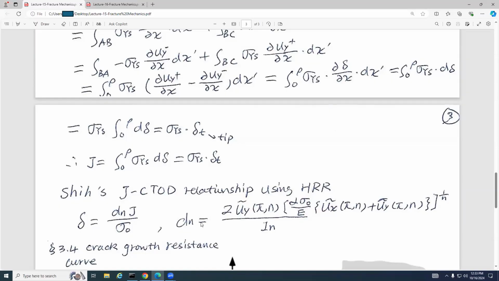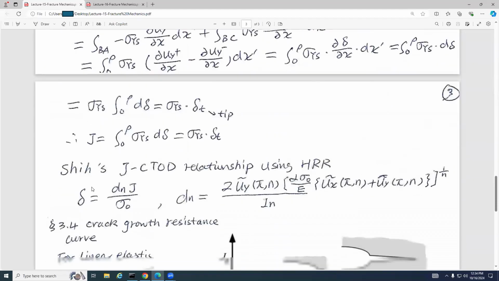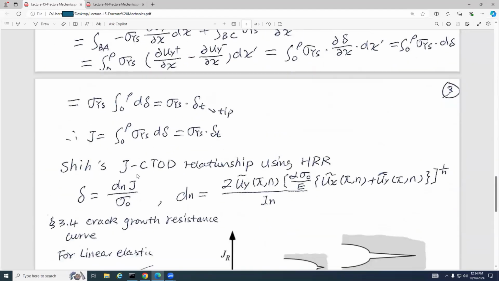So this is the J-CTOD relationship. J is related to the delta. Delta is the CTOD value. And this is the strip yield zone model. And Professor Shih's relationship between J and CTOD uses the HRR model.